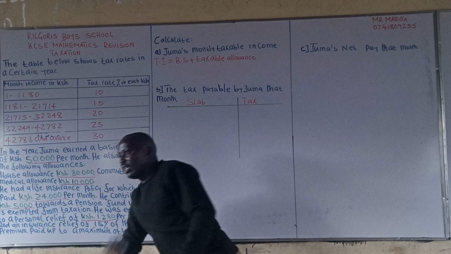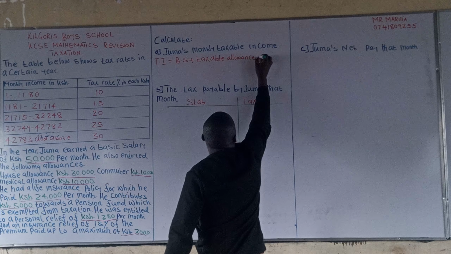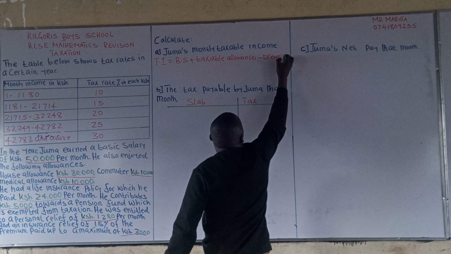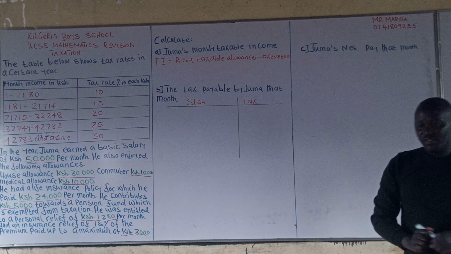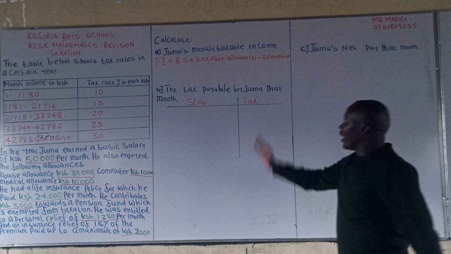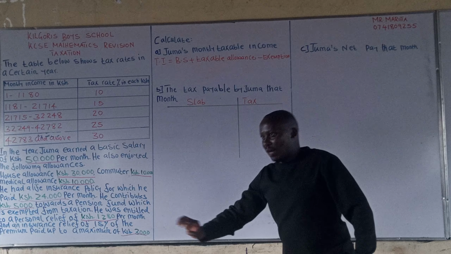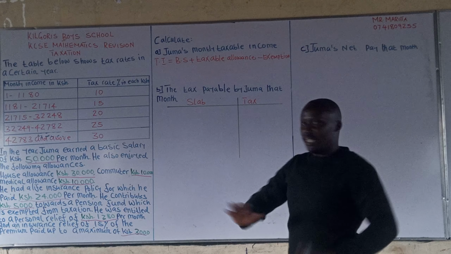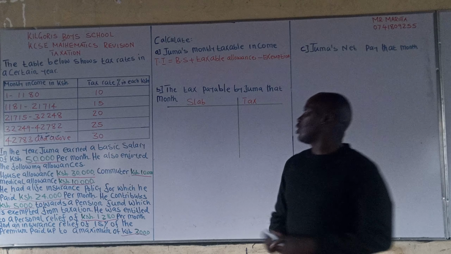Remember, this 5,000 is not subjected to taxation, therefore it must be subtracted. In this case, we subtract the exemption. But if the exemption is not given, the taxable income is equivalent to the basic salary plus the taxable allowances. If the exemption is there, we have the basic salary plus the taxable allowances, then we subtract the exemption.